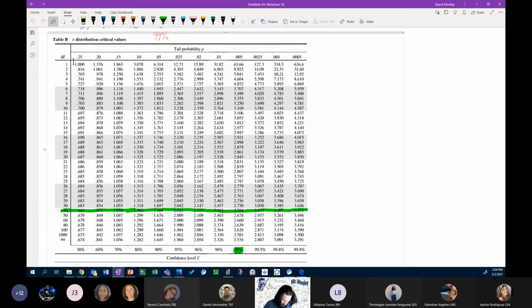And so we'll follow this up here, and we intersect right here at 2.704. So that is the T star value that we're going to use.